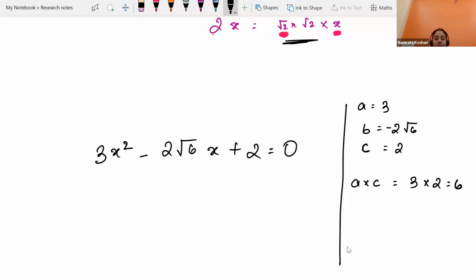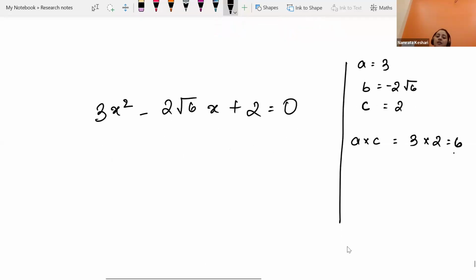Now we will try factorizing this 6 using two such numbers which added together or subtracted together will generate the middle term, and here our middle term is 2 root 6. So which two numbers can be used?